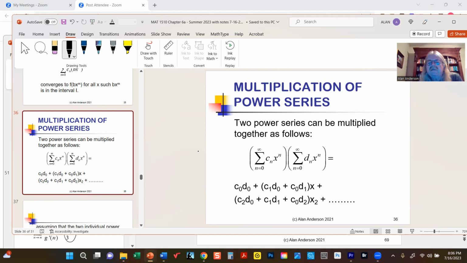All right, so the terms would be C0, D0.